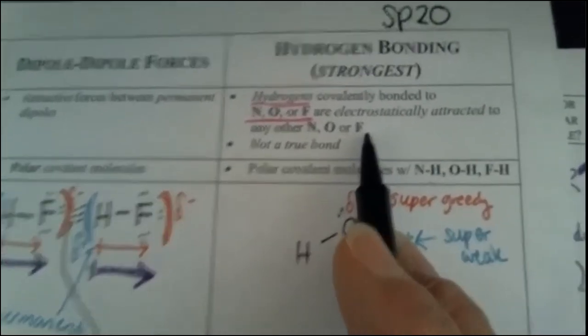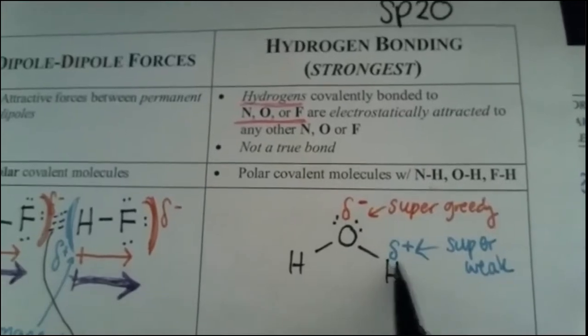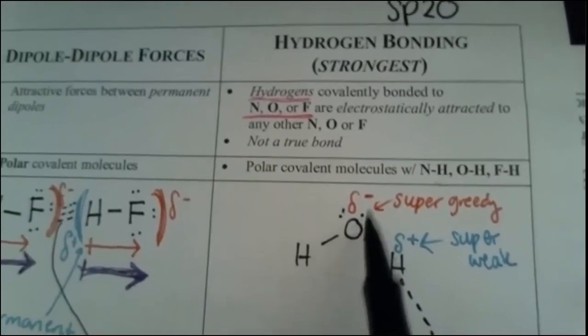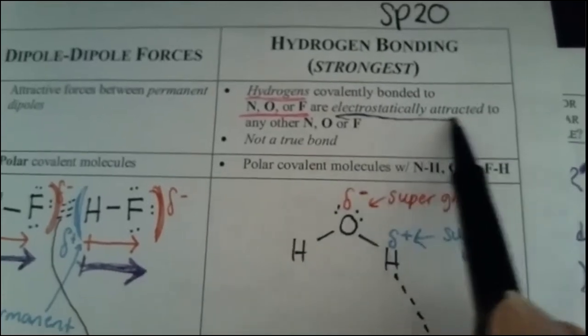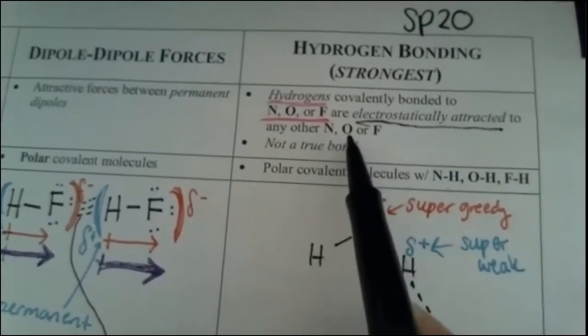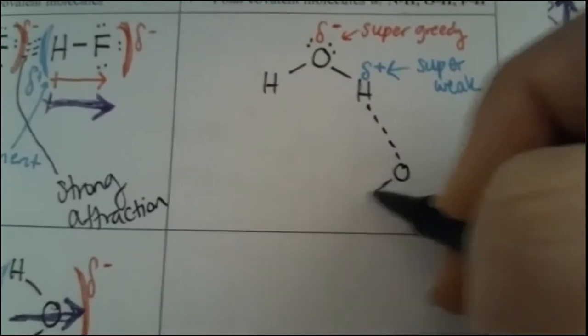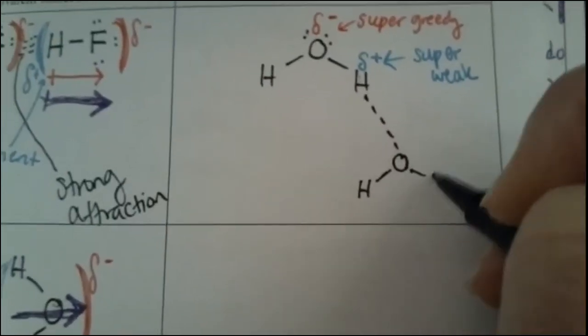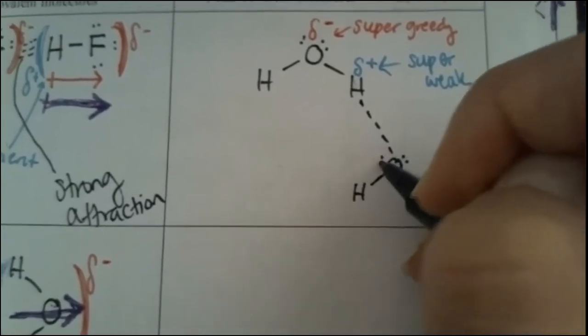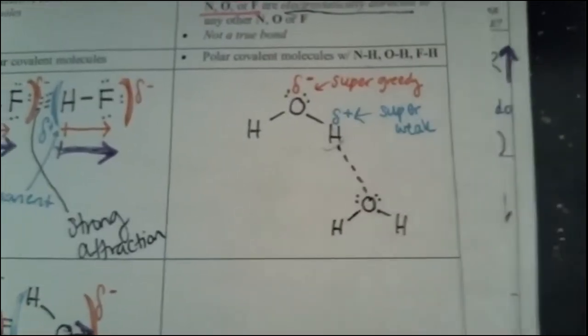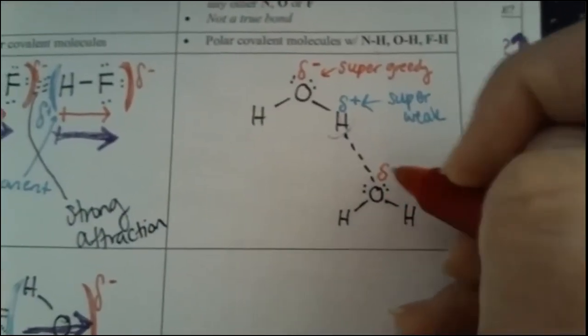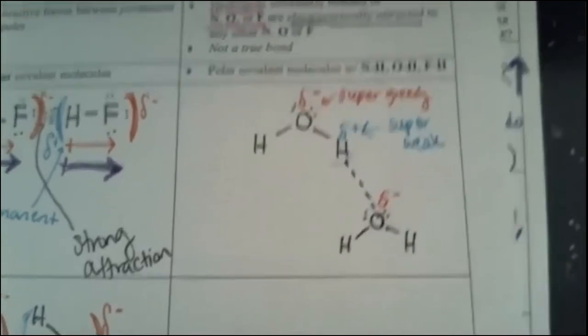So that's what we mean here: hydrogens that are covalently bonded to a nitrogen, oxygen, or fluorine are electrostatically attracted to any other nitrogen, oxygen, or fluorine. An electrostatic attraction just means partial positive to partial negative. So hydrogen bonding just involves an attraction between the partial positive hydrogen when it's bonded to an NOF and the partial negative oxygen or another nitrogen or fluorine.